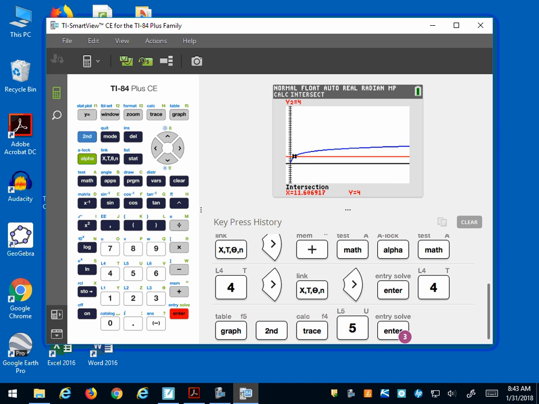Wait, does it say? That's a 0. Thank you. I was like, wait, I have it wrong on my paper. I put 11.61 here. Yeah, sorry, that's a 0.69. So it's 11.61 is your answer.